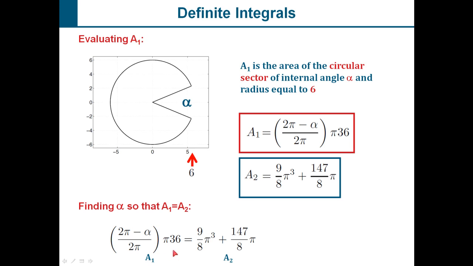This gives alpha equal to 47 divided by 48 times pi minus pi cubed over 16. This value is approximately equal to 1.14. This completes the exercise.